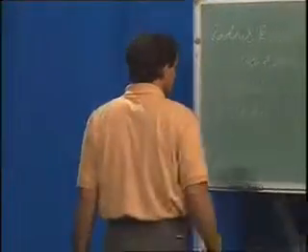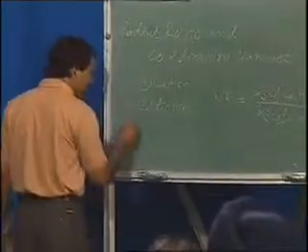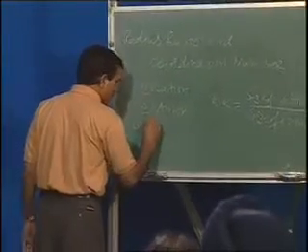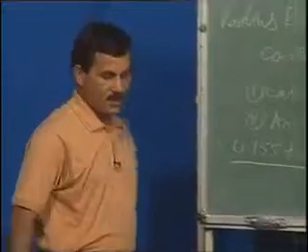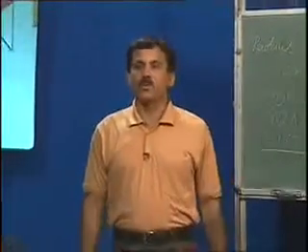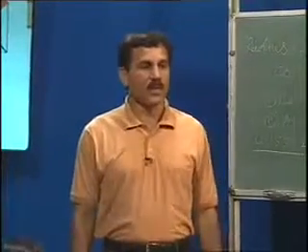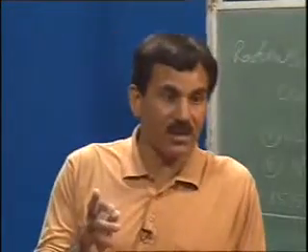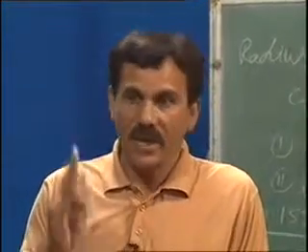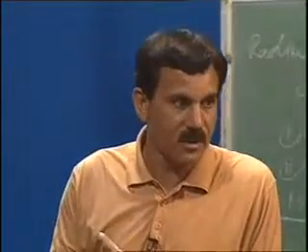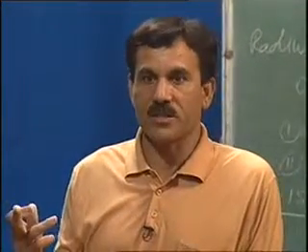So this number varies between 0.155 to 1, and depending on the value of radius ratio, we can predict 2 things: from the radius ratio of any crystalline solid, any ionic solid, we can predict its coordination number and its geometry.